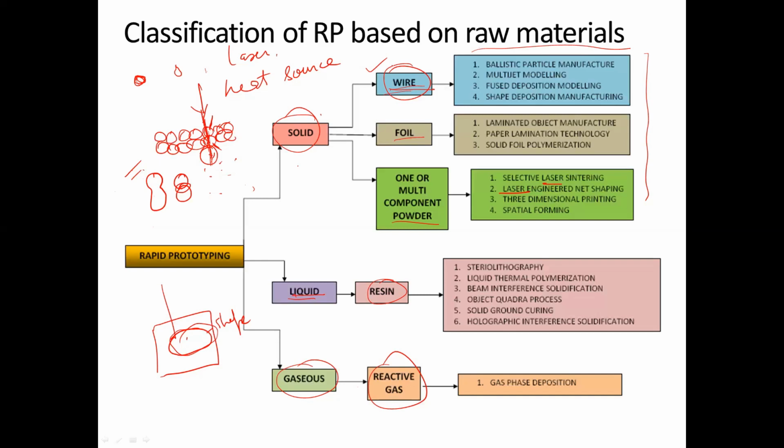So in wire, the raw material is a thread. Over here it is a sheet, and over here it is simple powder. So these are the major systems commonly used in additive manufacturing in day-to-day applications. Then let us come to the second system, which is the liquid system.